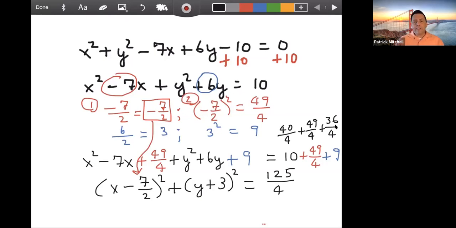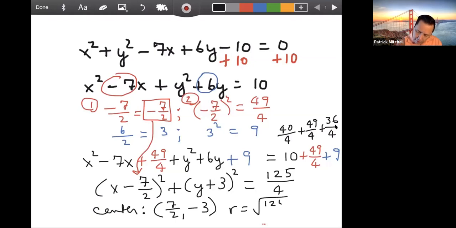All right, so that's the equation of the circle in standard form. And from there, it's very easy to write the center. The center would be (7/2, -3). And the radius would be the square root of 125 over 4.